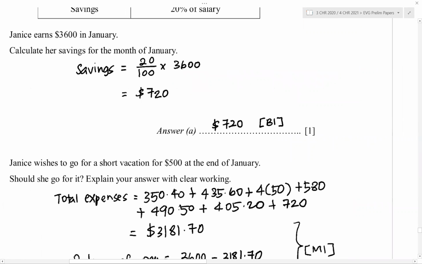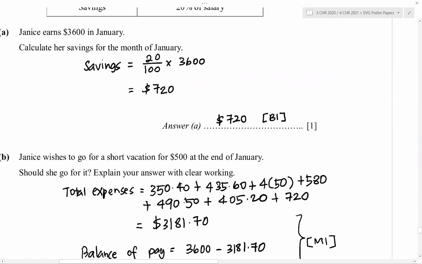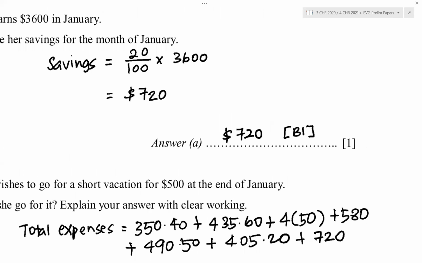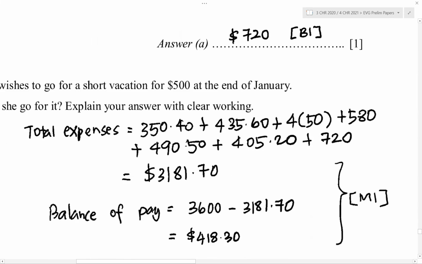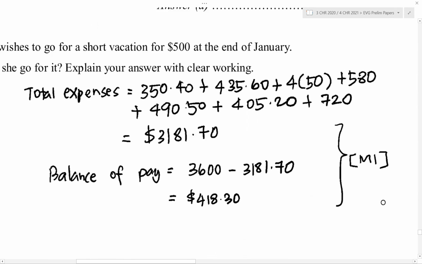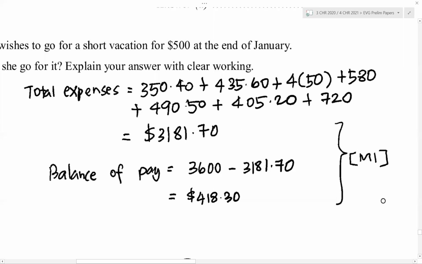Part A, saving $720. Any issues? Part B. So we are trying to find out whether she has enough money for $500 for vacation.